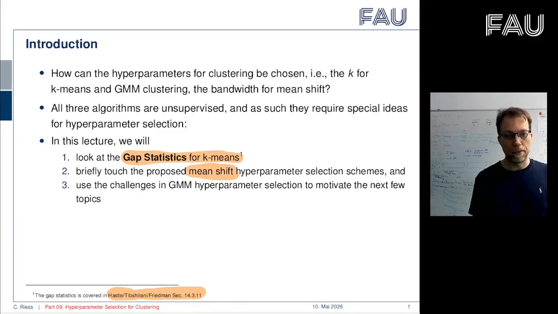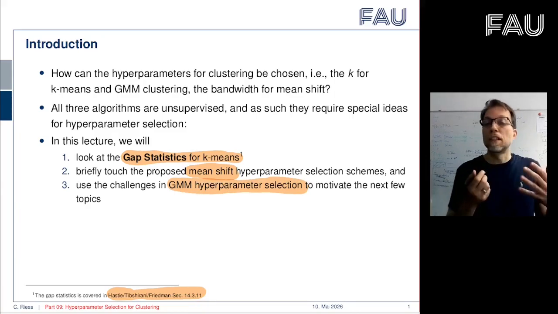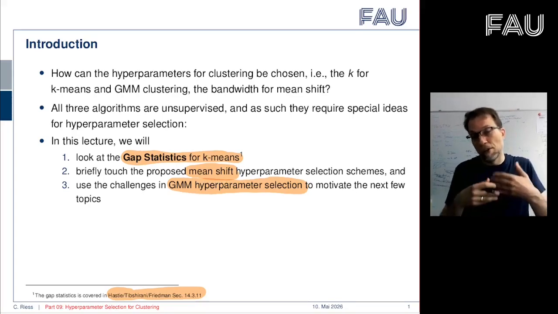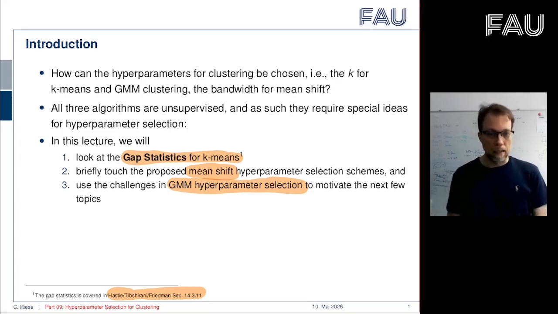And then I will briefly talk about the Gaussian mixture model hyperparameter selection, but we will not carry it out today because we need more methodology for this. So it's kind of a motivation then for the next topics in the lecture.